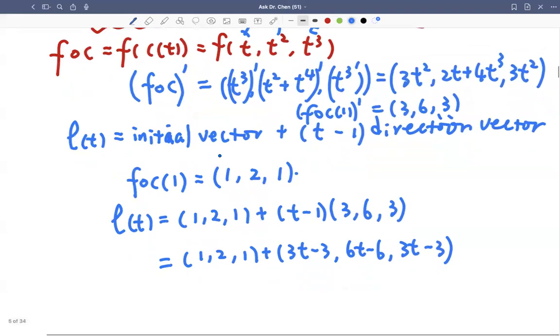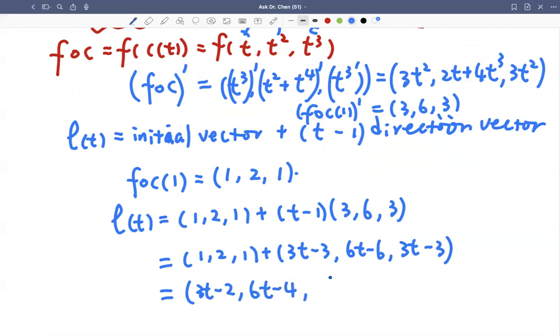Adding those two vectors: 3t minus 3 plus 1 is 3t minus 2, 6t minus 6 plus 2 is 6t minus 4, and 3t minus 3 plus 1 is again 3t minus 2. That's it, the tangent line representation as a vector.